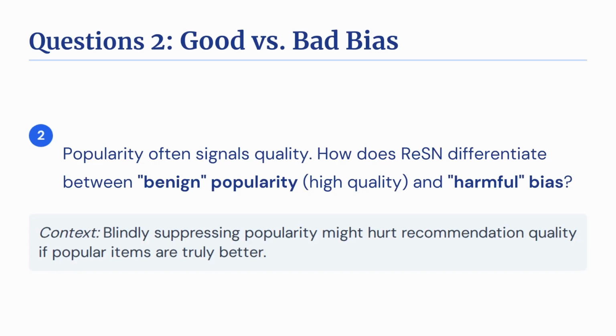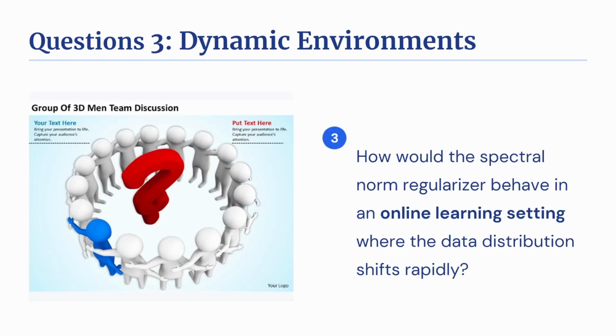Thus, ReSN indiscriminately suppresses high-quality popular items, potentially hurting recommendation quality. And the third question is, in online learning scenarios where data distribution shifts rapidly, is spectrum regularization still effective, or does it require dynamic adjustment?